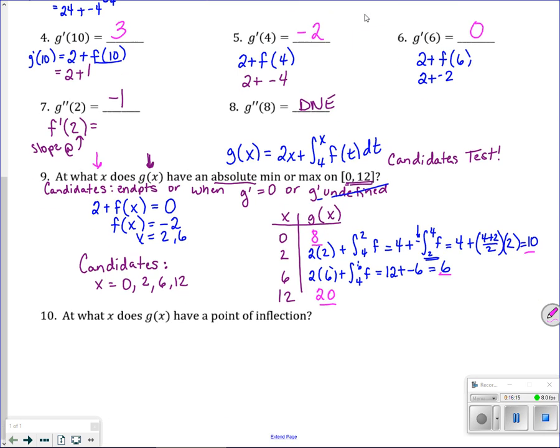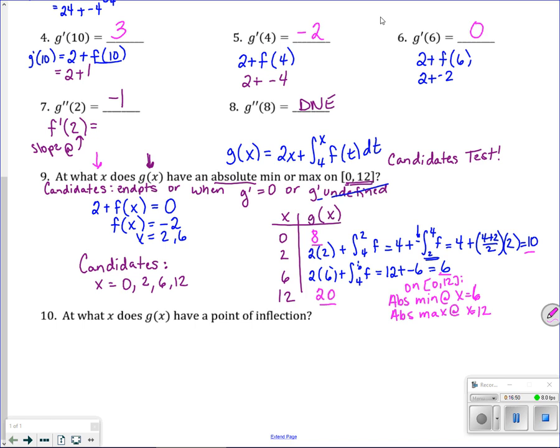So I'm going to write, you have an absolute min at x equals 6, and you have an absolute max at x equals 12. Okay, and sometimes I put on the interval 0 to 12 just to say that's not always. Again, I just kind of answer the question in a complete sentence.